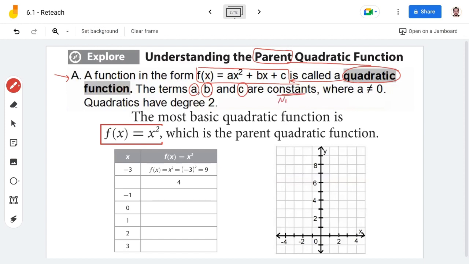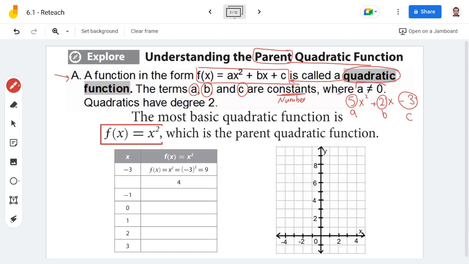Constant means what? Means number. Just as an example, we can say 5x squared plus 2x minus 3. Now we can say that 5 is a, 2 is b, negative 3 is c. So that's the meaning of constant.